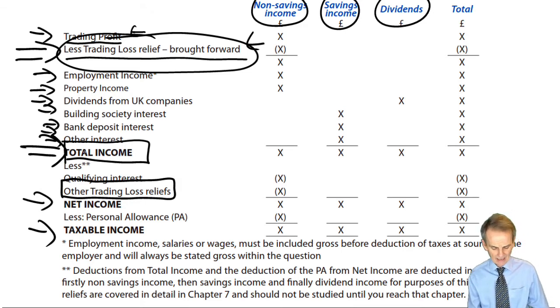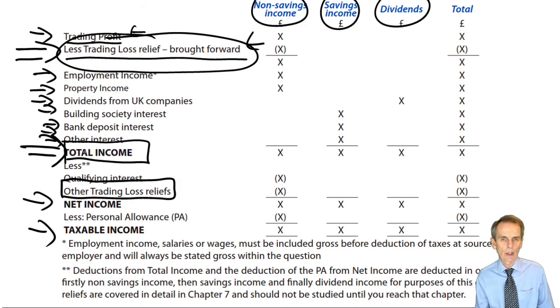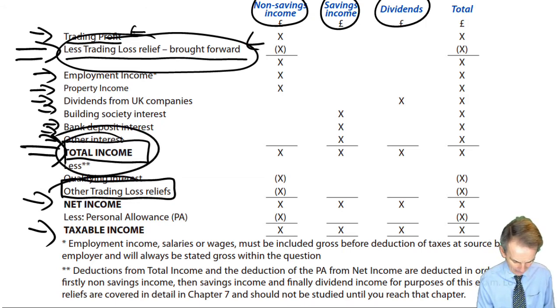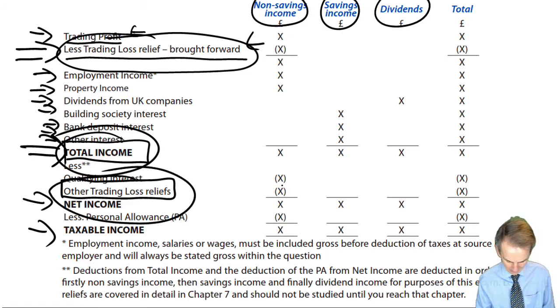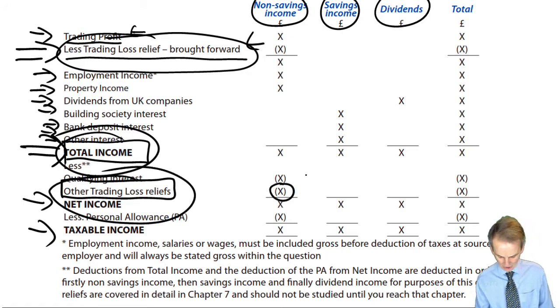If we were dealing here with a current tax year claim, then that would be against total income. Against total income, as we see there, there is our deduction against total income. And as with all of these deductions that apply against total income, there is an order in which we deduct.